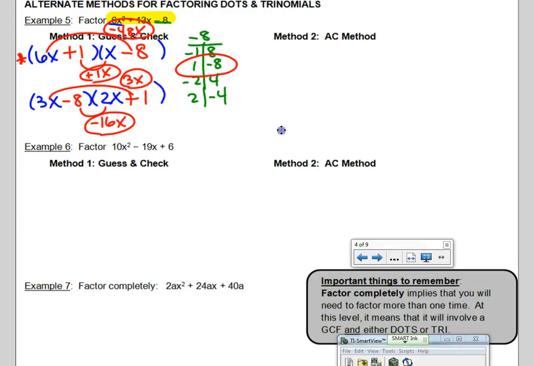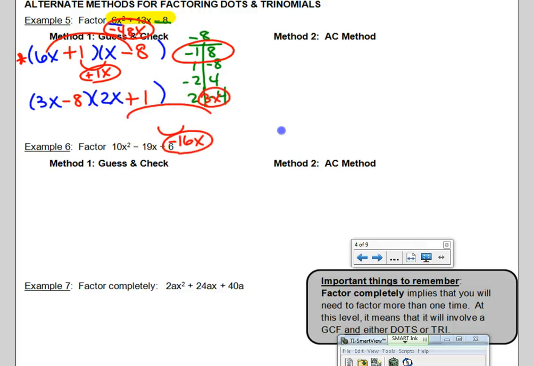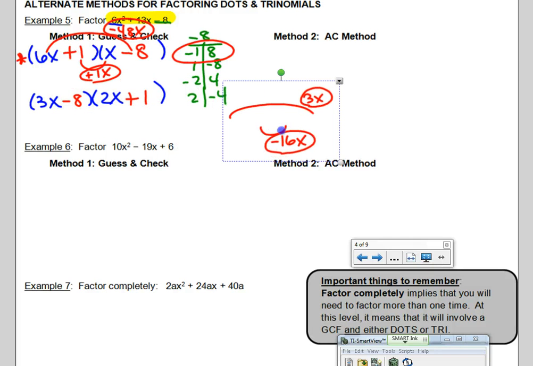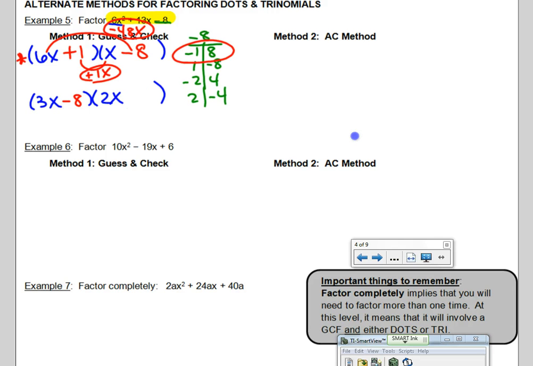Well, that means it's probably the other case where the signs are switched. So I'm going to now switch the signs and make it a negative 1 and a positive 8. So the outside is going to be, oops, I reversed my numbers too. That's wrong.